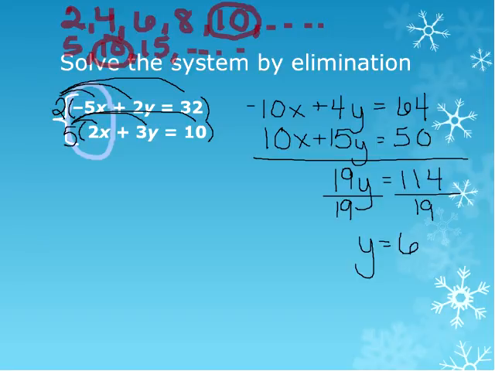Okay, now you have lots of options because now we have to substitute to find x. You can substitute into your original equation 1 or 2 or your new equation 1 or 2. So which one do you want to substitute into? So old 1 or 2 or new 1 or 2?